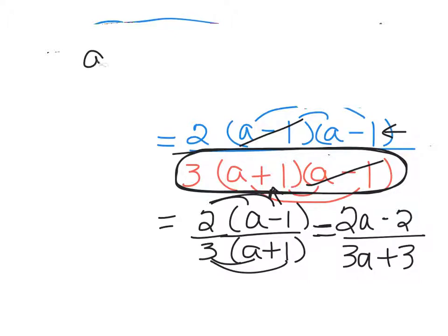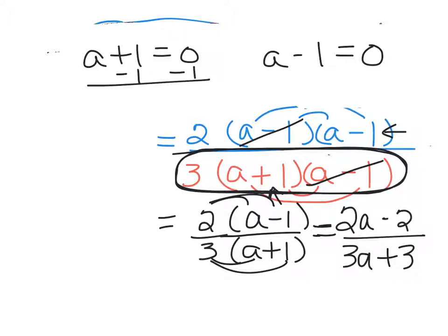So a plus 1 equals 0, and I add or subtract 1 to get that to the other side. So a equals negative 1. And if I do a minus 1 equals 0, I'm going to add 1 to both sides. So I'm going to get a equals 1.